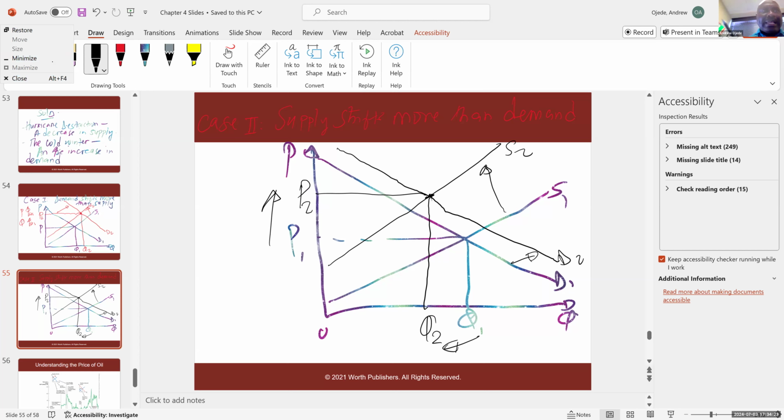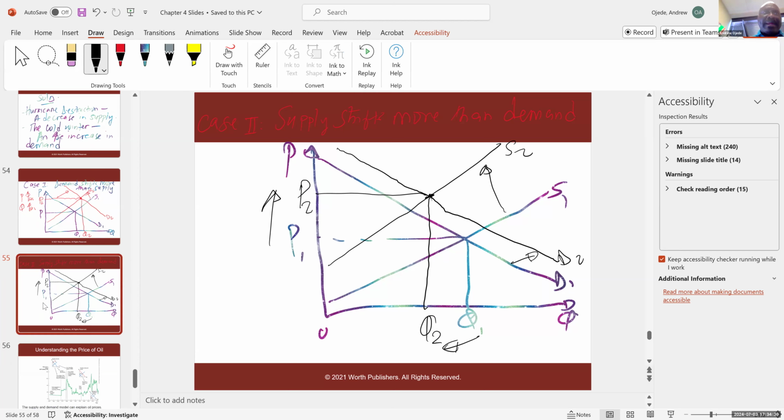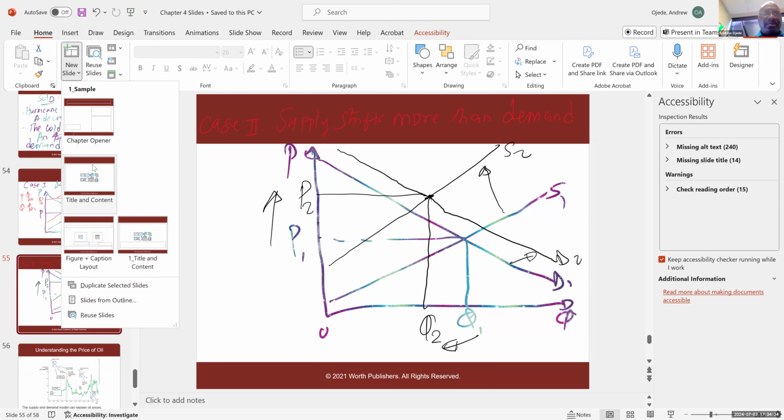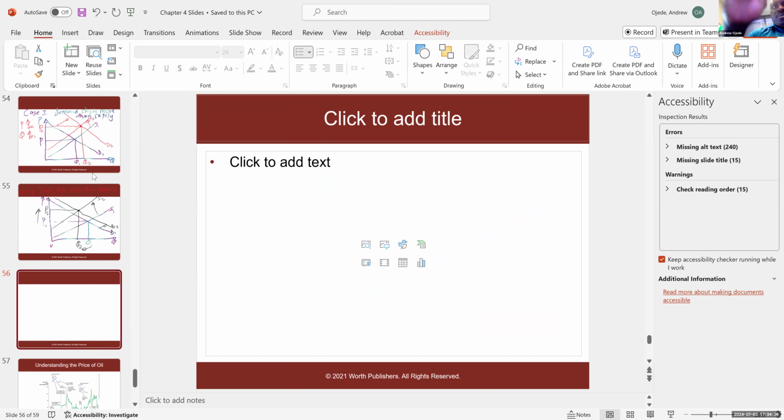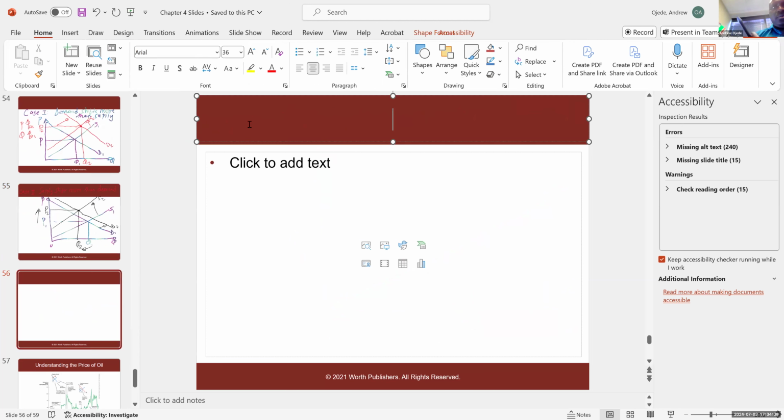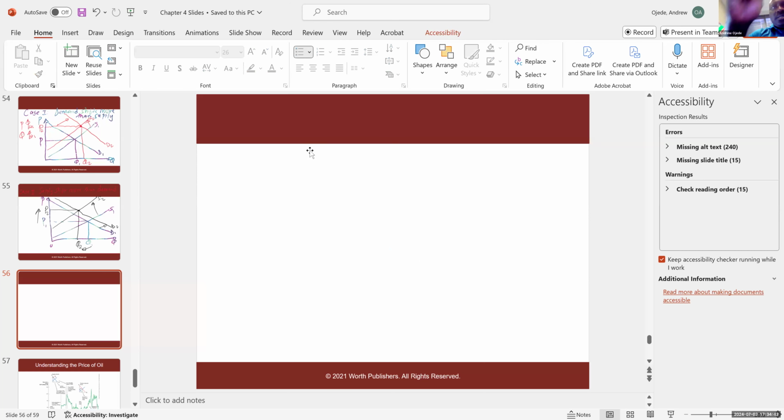Then you've got to draw the last case and make your conclusion. The last case is where you assume that both demand and supply shift by the same magnitude. So this is case 3, which is the last case.